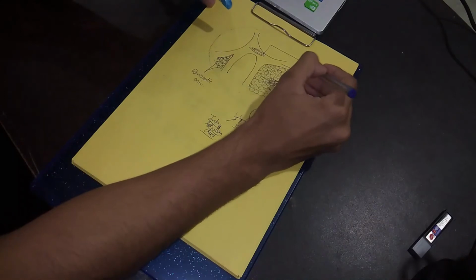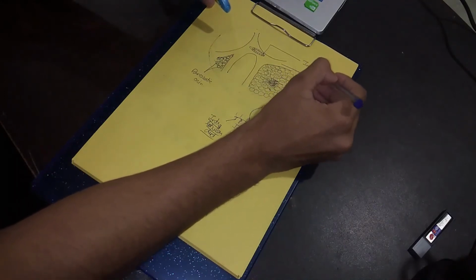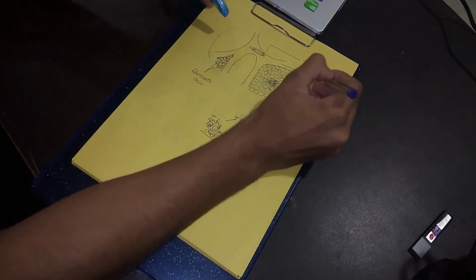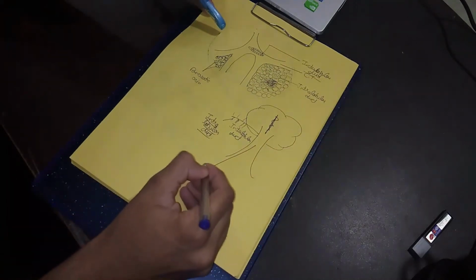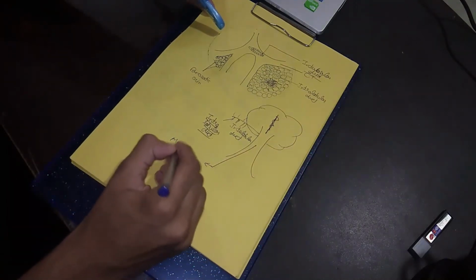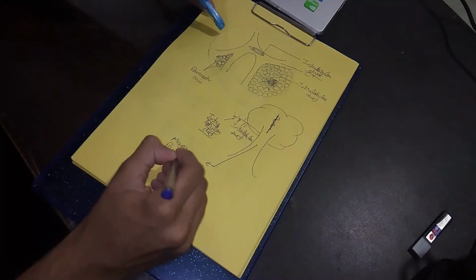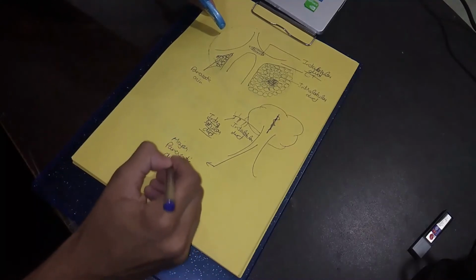This is the interlobular duct. So this main stem is the major pancreatic duct.